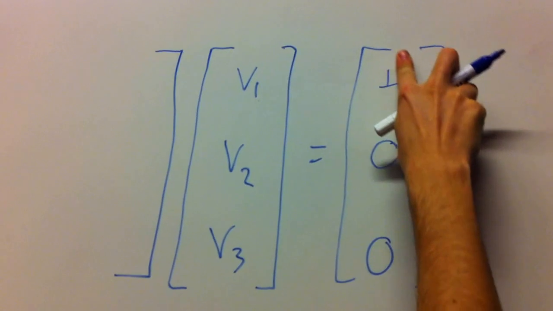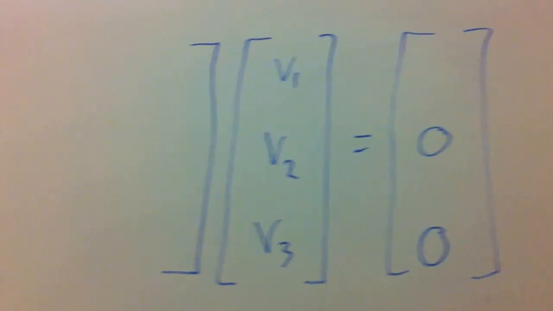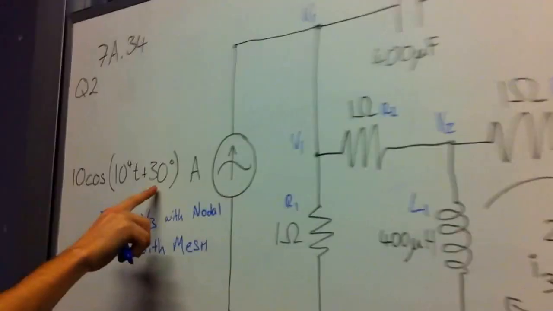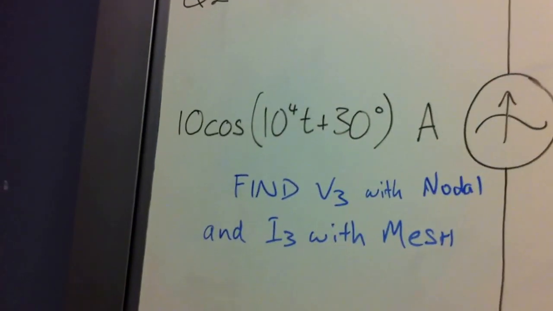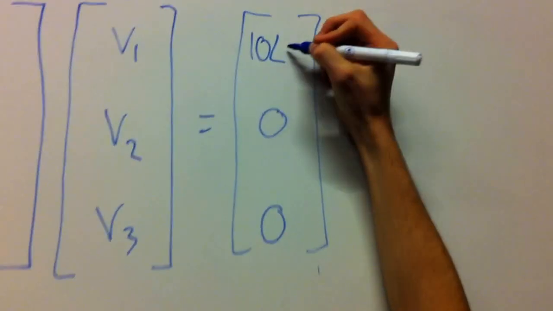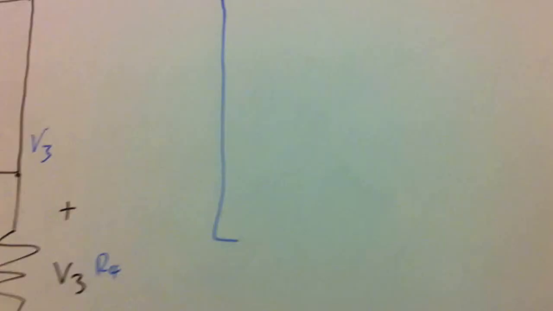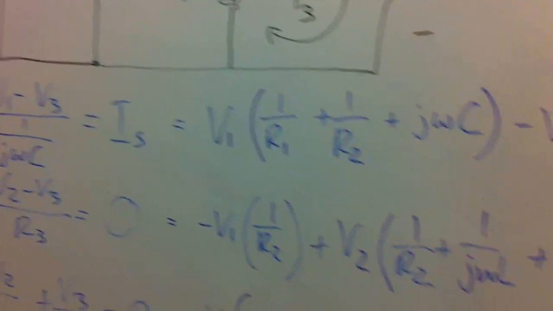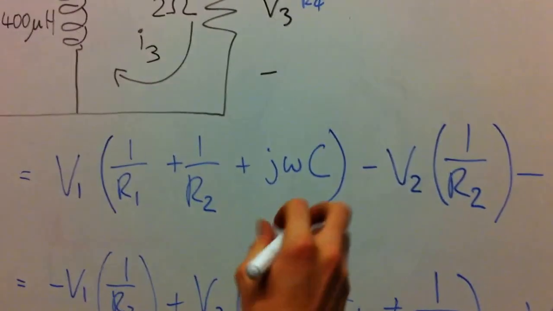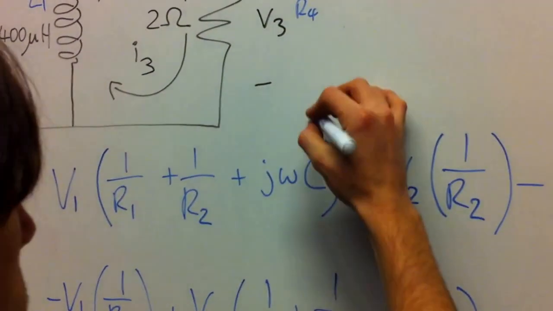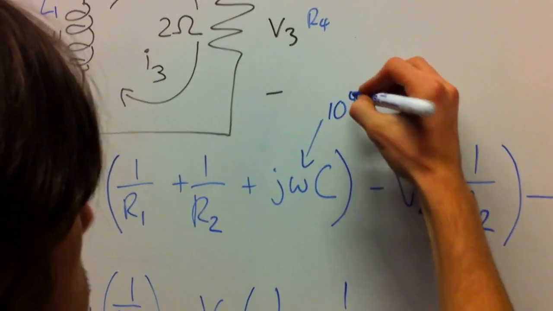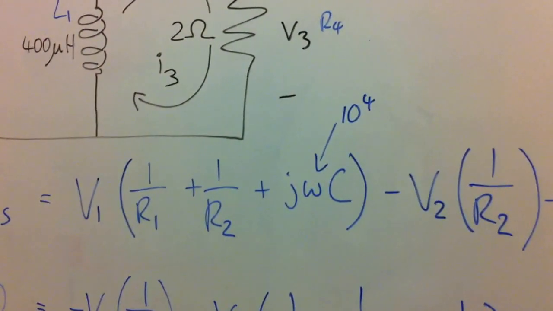So our IS we can replace now, and that's going to be 10 angle 30. So we'll put that in here, 10 angle 30, and now it's just a matter of filling these in. We're going to take these ones here; your omega here is 10 to the 4, because you've got 10 to the 4 here.